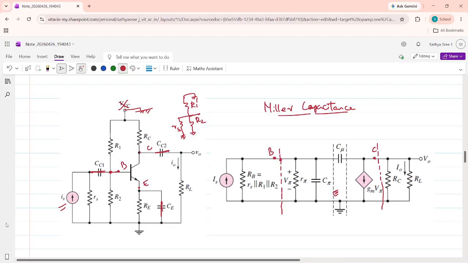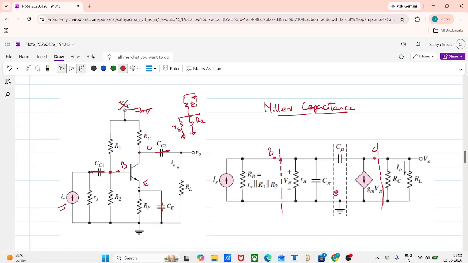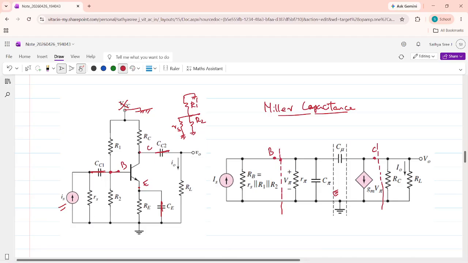On the output side, you can see from the collector there is a resistance RC that should be connected to ground. Also, since CC2 is short circuited, from the collector RL is connected to ground.